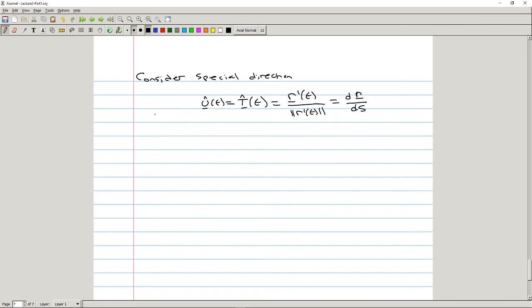So if we consider this special direction, what we actually end up getting is, in many sources, just called the line integral. So when a lot of sources talk about the line integral, by default they're talking about this. This is the line integral of a vector field.